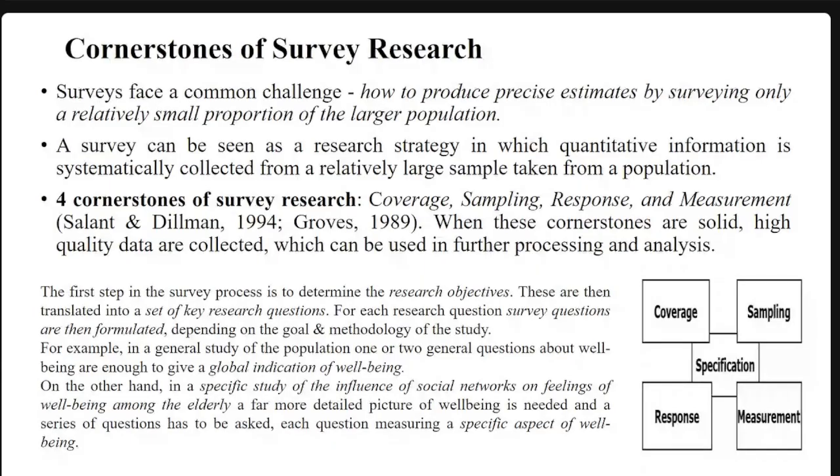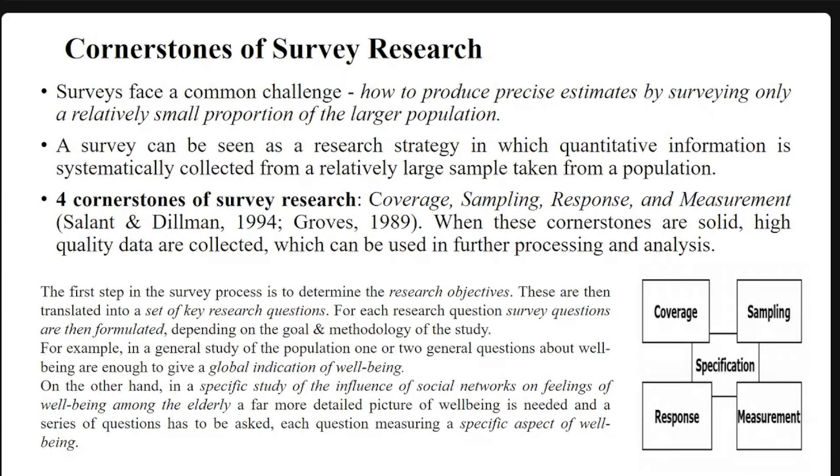Okay, so the survey faces various challenges. How to produce precise estimates by surveying only a relatively small proportion of a large area is really challenging. Now these are the four cornerstones. If you can see the figure, coverage, sampling, response and measurement are the four cornerstones of survey research. How are they the four cornerstones? What is coverage? Coverage means what proportion of the population you are selecting as your sample.